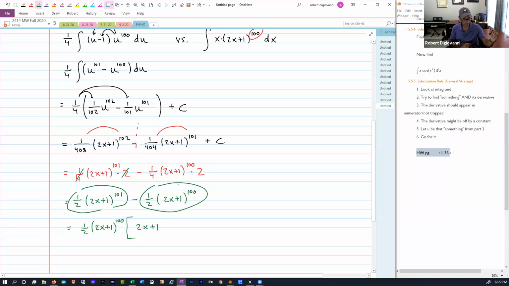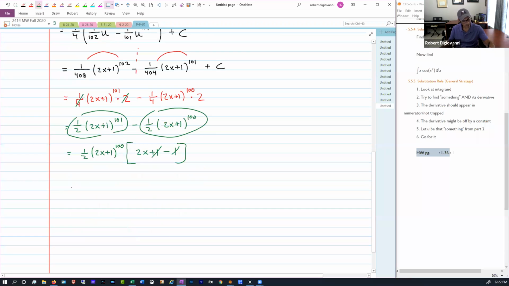What am I left with? Negative 1. These ones cancel, and so I'm left with 1/2 times 2x plus 1 to the 100th power times 2x. The 2's and the half cancel, which leaves me with x times 2x plus 1 to the 100th power, the original integrand.